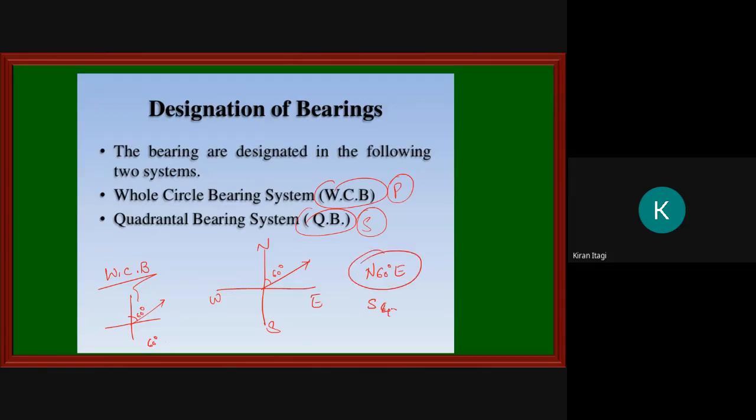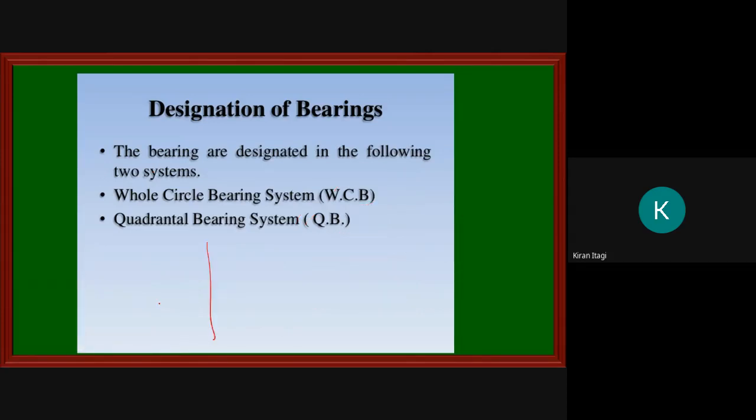South 45 degree east means here 45 degree. Here it is 60 degree, say south 60 degree east. Suppose this is 20 degree, it will be north 20 degree west. But in whole circle bearing, we give the reading directly: this is my first angle, 60 degree.